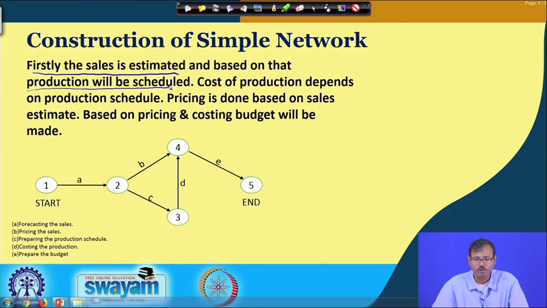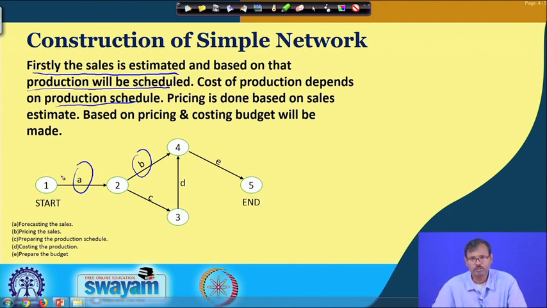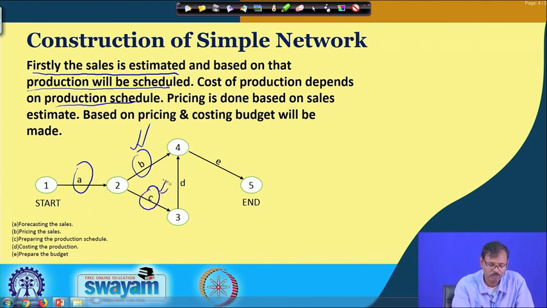Similarly, cost of production depends on the production schedule, and pricing we can fix considering the sale requirement. So, that means, estimation of sale from which we can independently decide what will be the price, and we can schedule the production considering the sales requirement.